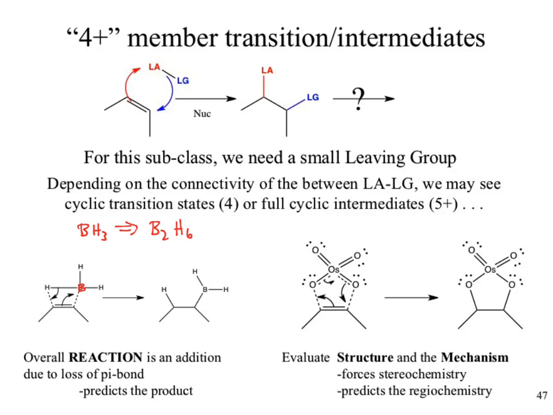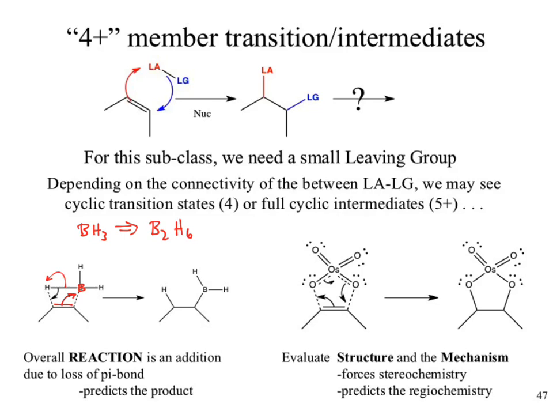Our boron, having only 3 groups of electrons, is sp2 hybridized. It has an empty p orbital. That empty p orbital can accept the pi electrons from our nonpolar pi bond, like our alkenes or our alkynes. Boron has now exceeded its happiness with the electrons, and it will immediately kick out its leaving group.